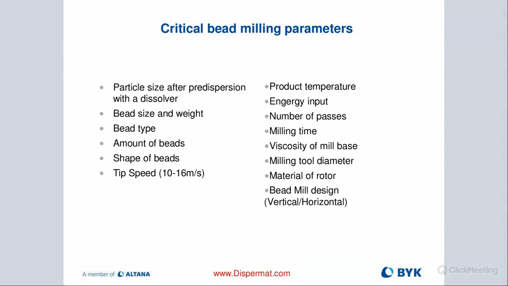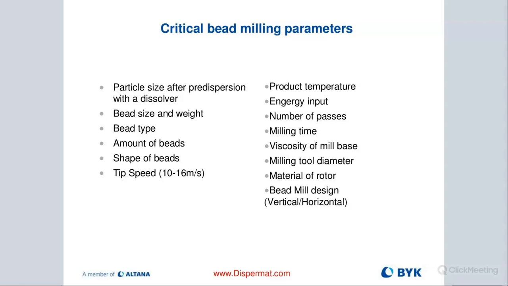Talking about the parameters: particle size after pre-dispersion, we already talked about that, 10 to 30 microns. Bead size, weight, and bead type, ceramic, very important. The amount of beads really depends on the type of milling system you have: basket mill, horizontal bead mill, or vertical bead mill.